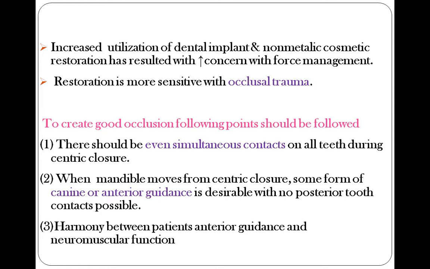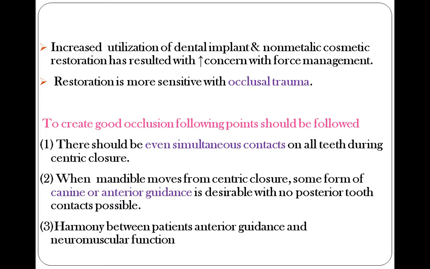When the mandible moves from the centric closure, some form of canine guidance is always desirable with no posterior contacts. So there will be a contact only on the anterior teeth. Now this combination of anterior guidance and posterior disclusion reduces the distribution of forces to the anterior teeth, which end up receiving less force compared to the posterior teeth.